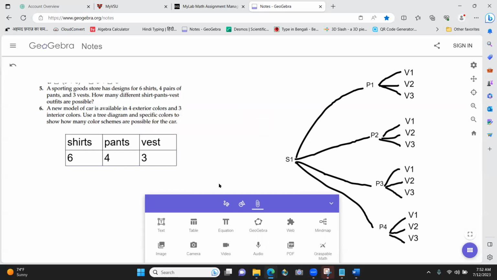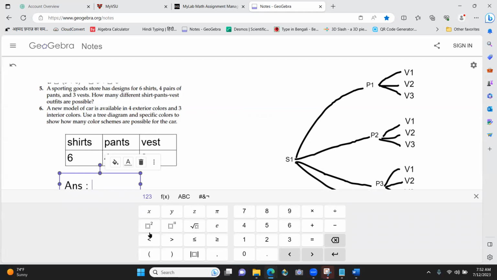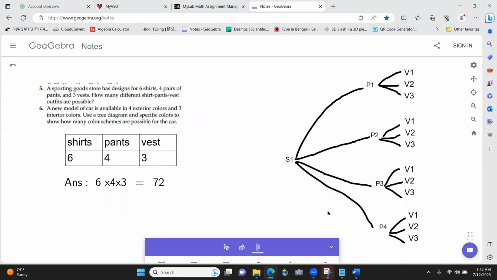And you basically multiply. Okay, my picture on the right shows the case for shirt 1. You have to do it 5 more times. So it's 6 times 4 times 3. So what's the answer? The answer is 6 times 4 times 3 is equal to 12 times 6, 72, I believe, if I'm not mistaken. That's your answer. So I hope that helps.